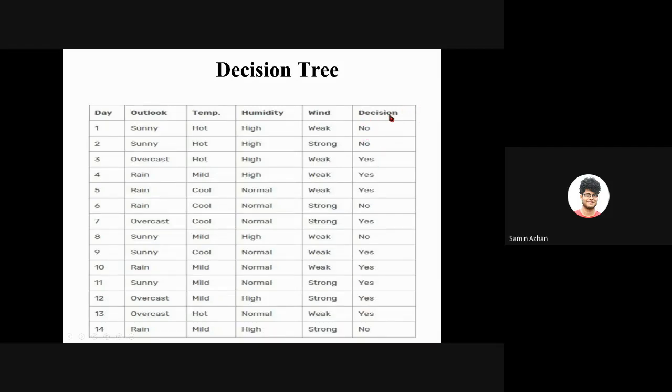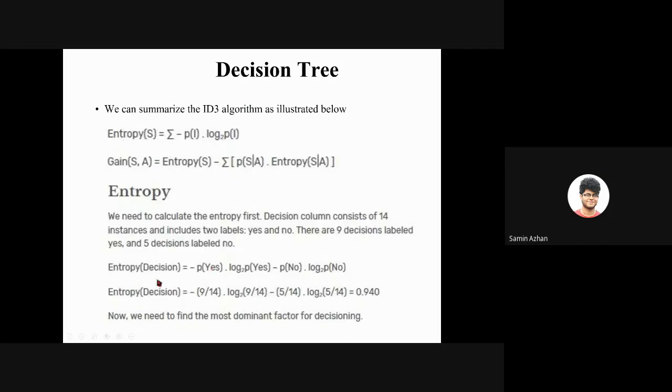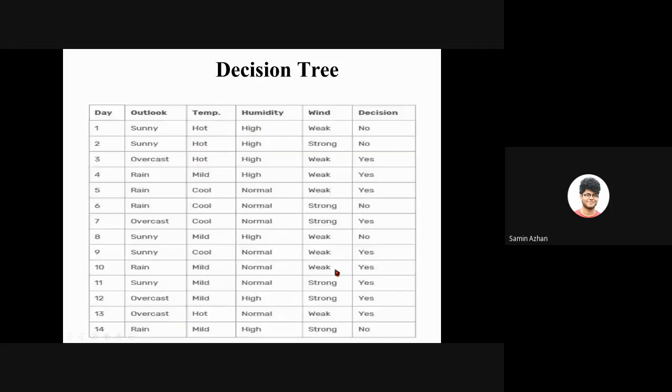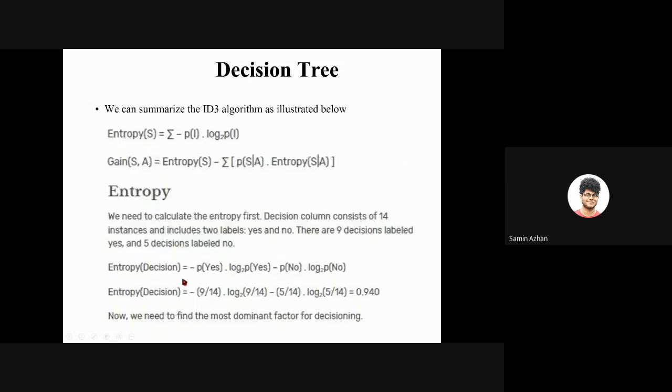So the first thing we have to do is calculate the entropy of our output, in this case the decision. Using the equation of entropy, the entropy of decision will be minus probability of yes times log 2 probability of yes, minus probability of no times log 2 probability of no. Looking at the training data set, in total there are 9 yeses and 5 nos.